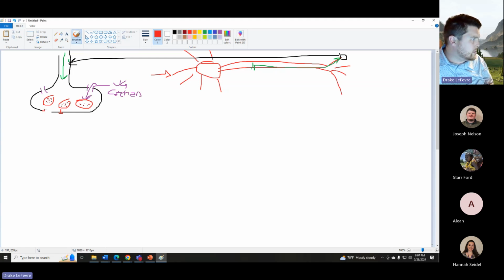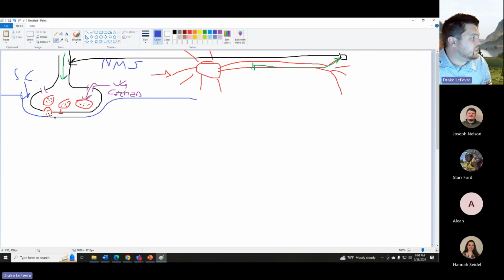It merges kind of like that and releases our acetylcholine, specifically into this space known as the synaptic cleft, within this whole big thing, which is called our neuromuscular junction.